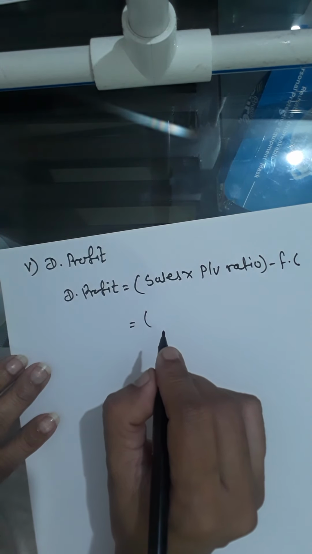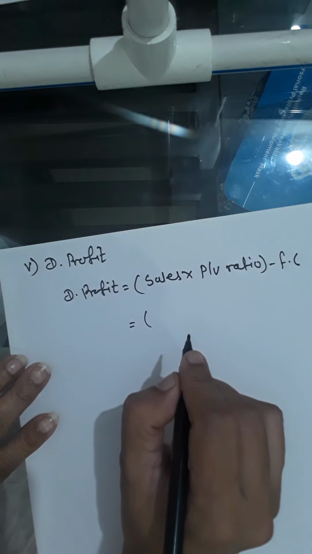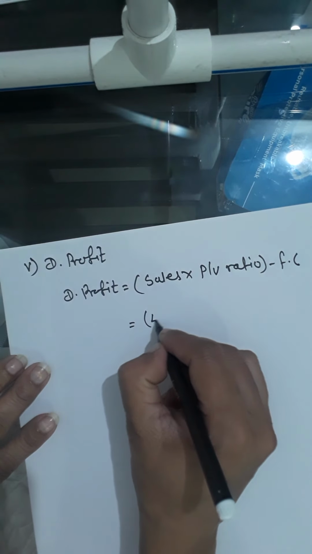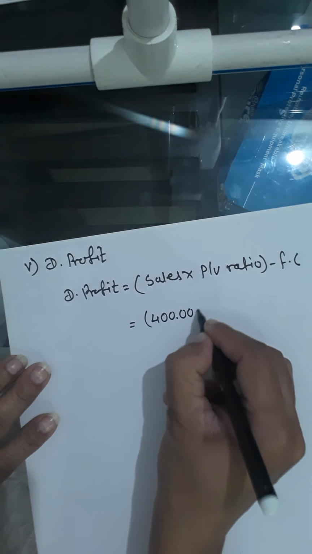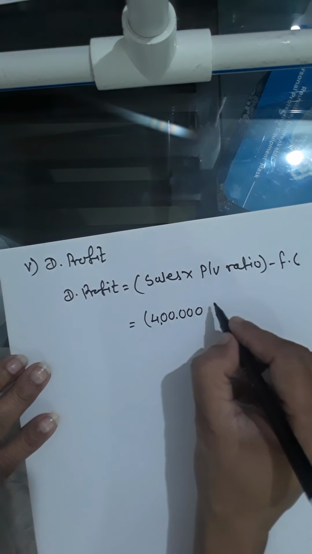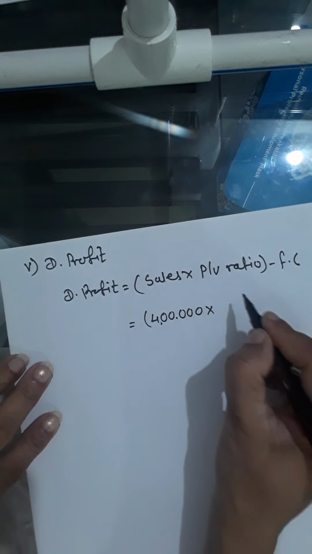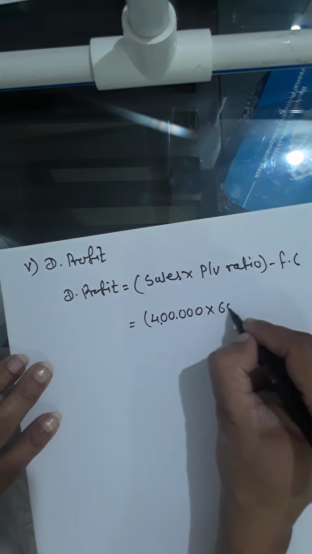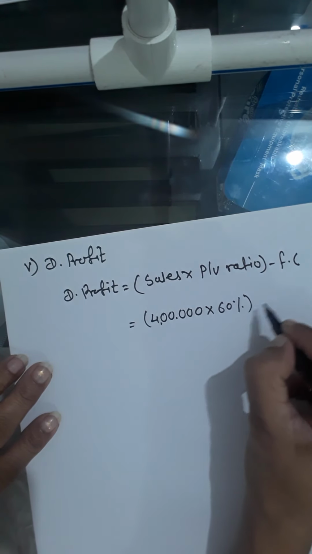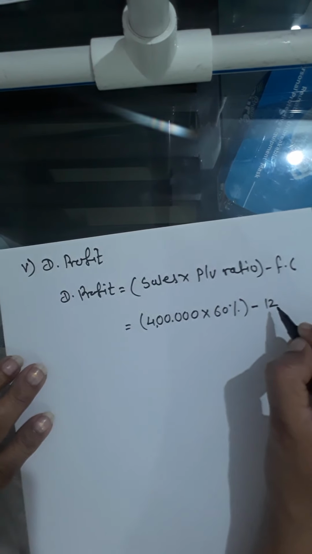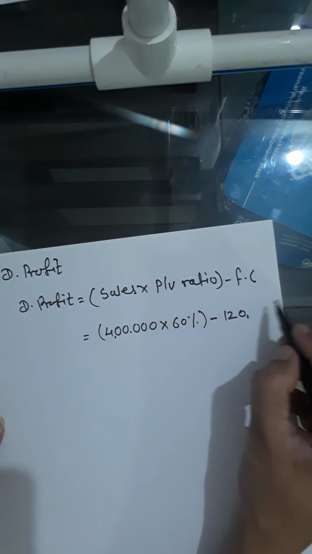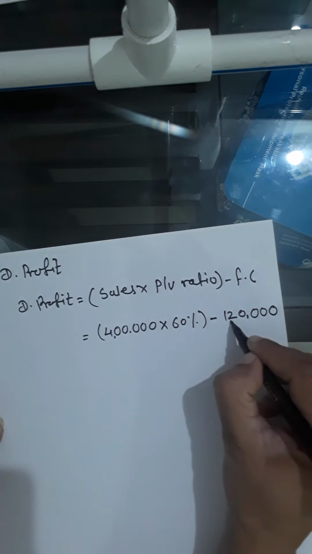They have given us 4 lakh rupees as the sales amount, for which we have to find out profit. PV ratio is again 60%. And fixed cost amount is 1,20,000.